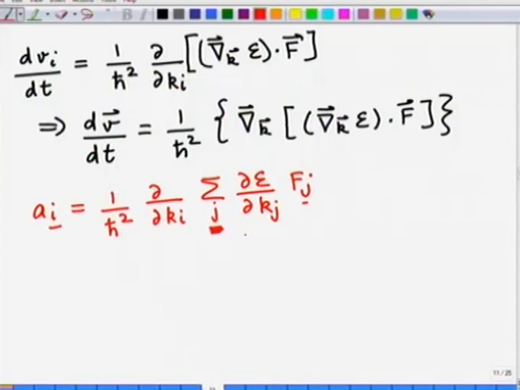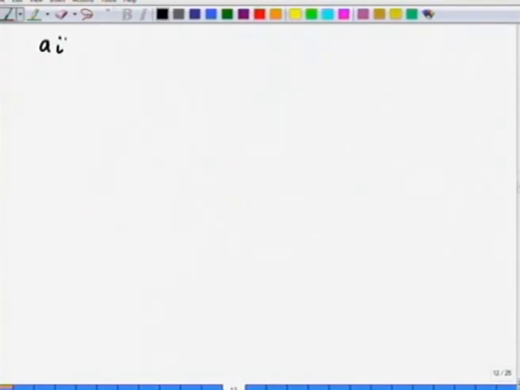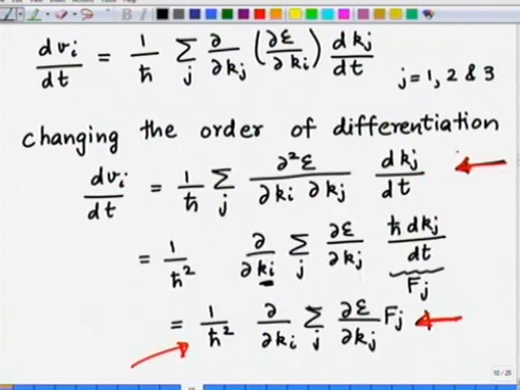If you keep track of this, the way we will do it is as follows. Therefore, I am going to define this quantity a_i. We will use this equation right from here itself. Let's pick it off from here: the acceleration, this a_i quantity, is equal to 1 over h del square E by del k_i del k_j, the second derivative, times dk_j/dt.